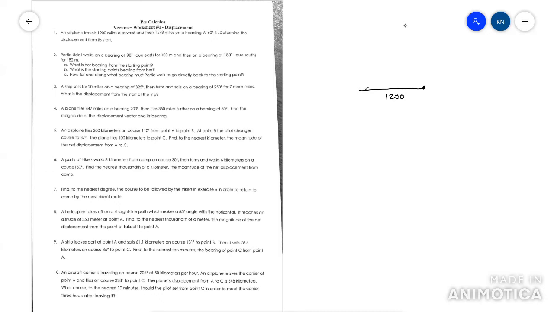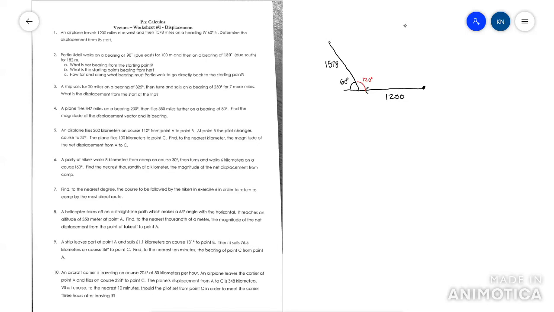So you're traveling west and you want to go 60 degrees to the north. What that means is this angle right here is going to be 60 degrees, which makes this angle 120 degrees. And you went 1,578 miles on that heading.